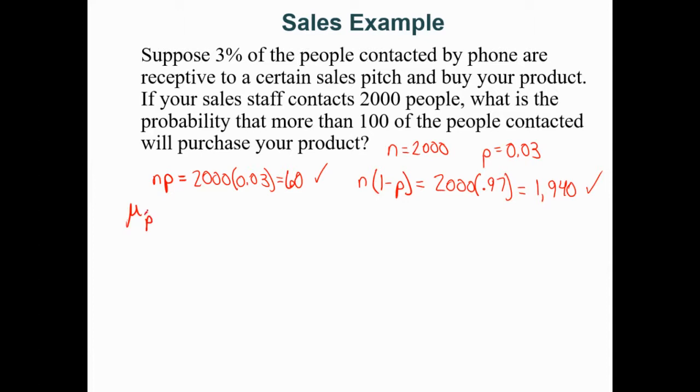So what should our mean be equal to then? 0.03. And our standard deviation? We're going to have to do that whole 0.03 times 0.97 over 2,000.